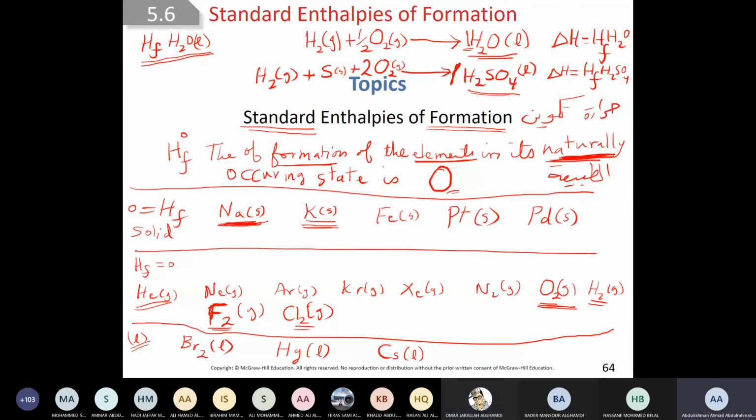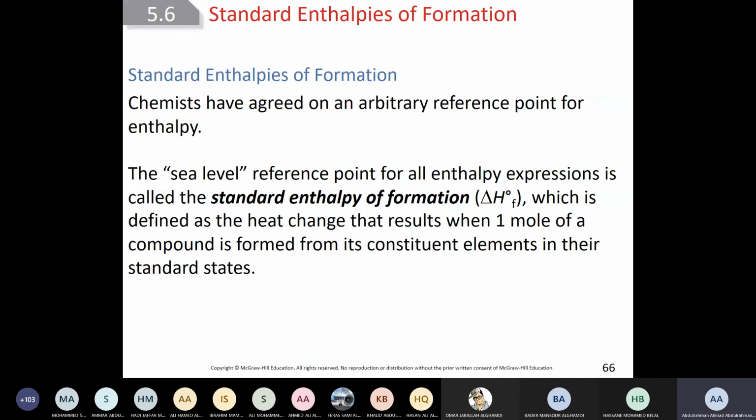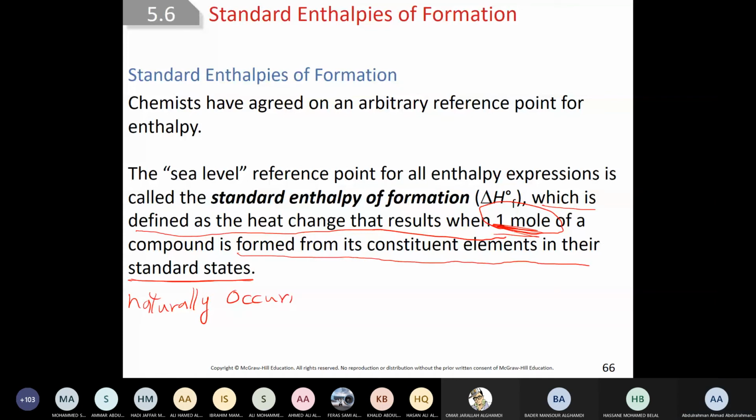This is the standard enthalpy of formation, which is the heat required to make the change that results in 1 mole of product formed from its constituent elements in their standard state, or naturally occurring. Is this clear? That's the meaning.